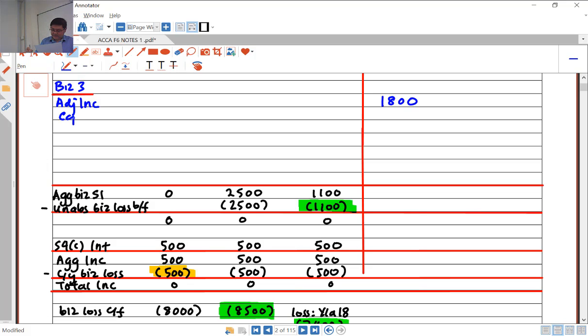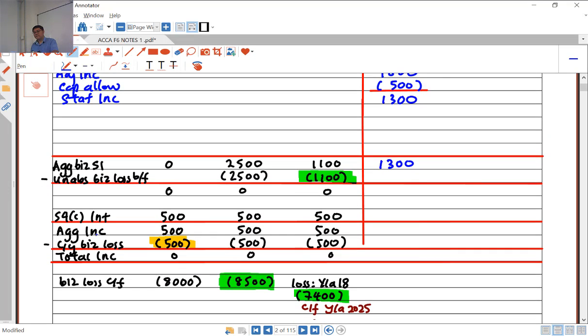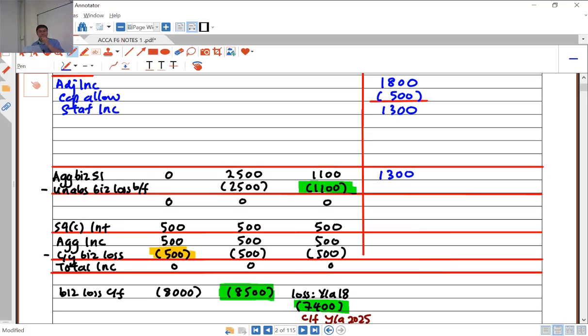And then his capital allowance is 500. So the statutory income is 1,003. How much loss can he utilize? 1,003.